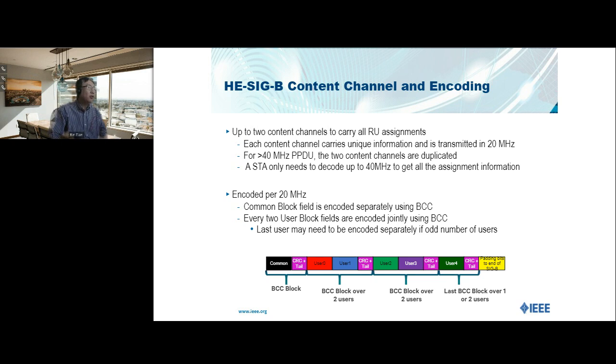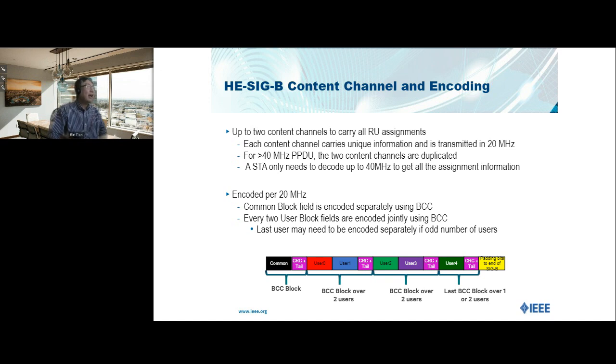We know all these legacy preamble, legacy STF, LTF, and L-SIG, and the repeated L-SIG and HE-SIG-A are repeated every 20 megahertz, okay? So that a station can receive from each of them, can monitor 20 megahertz and decode them, because so far the station doesn't know the bandwidth, doesn't know any information, okay?